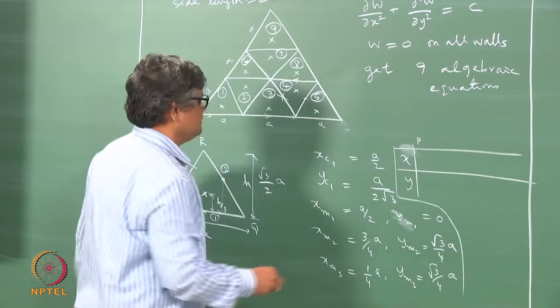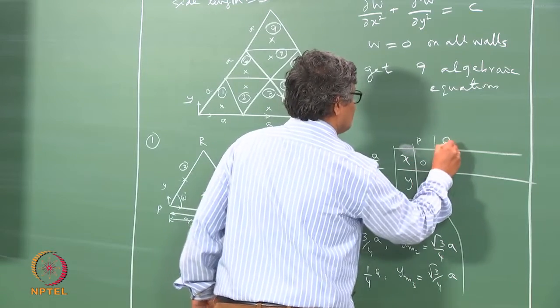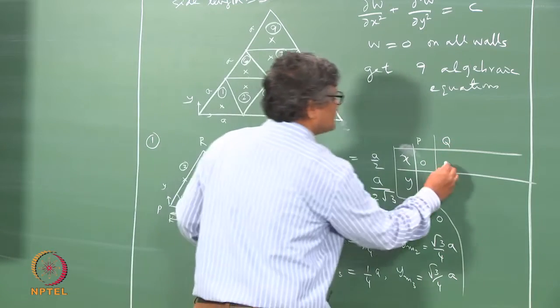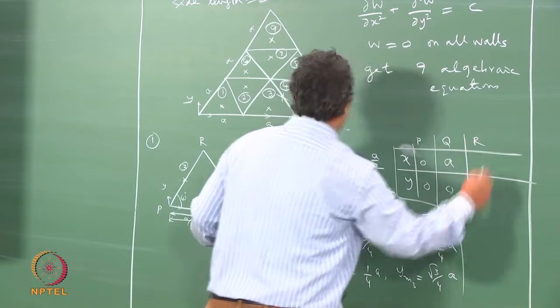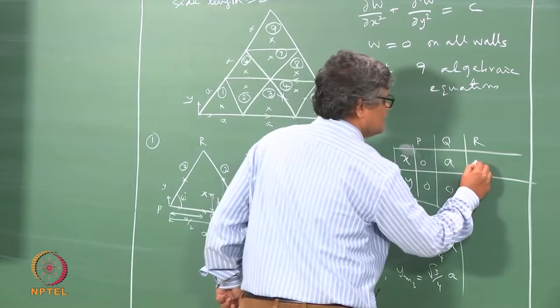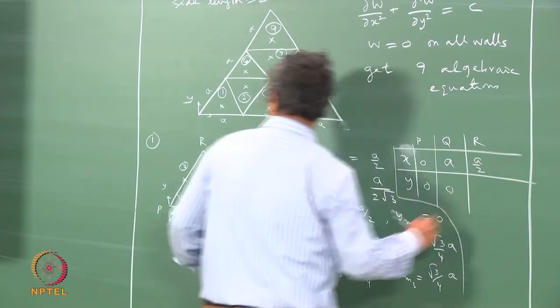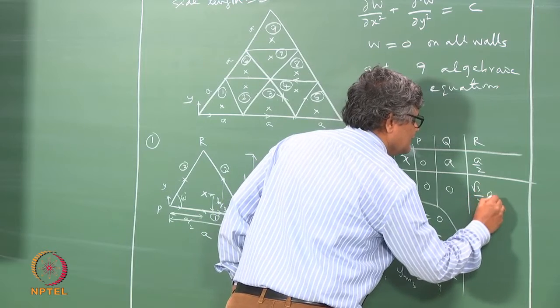For P it is 0, 0, that is the origin, and for point Q the x distance is A here and y is 0, and for R, x of R is A by 2 and y of R is square root of 3 by 2 A.